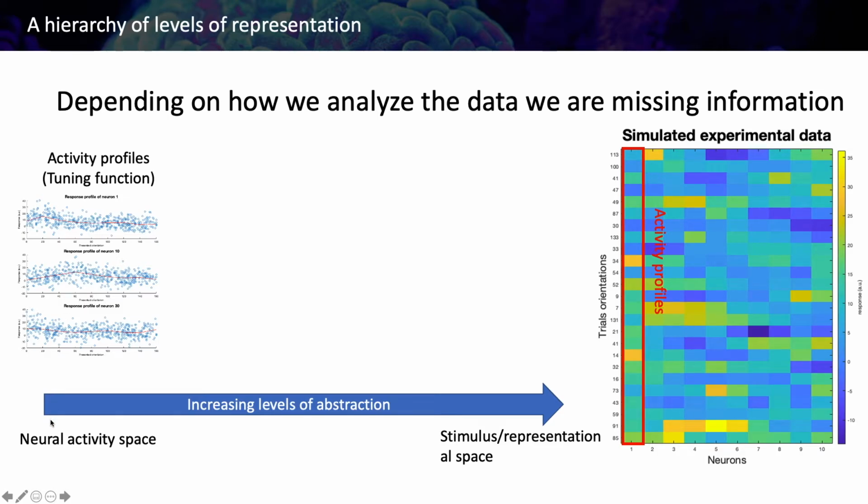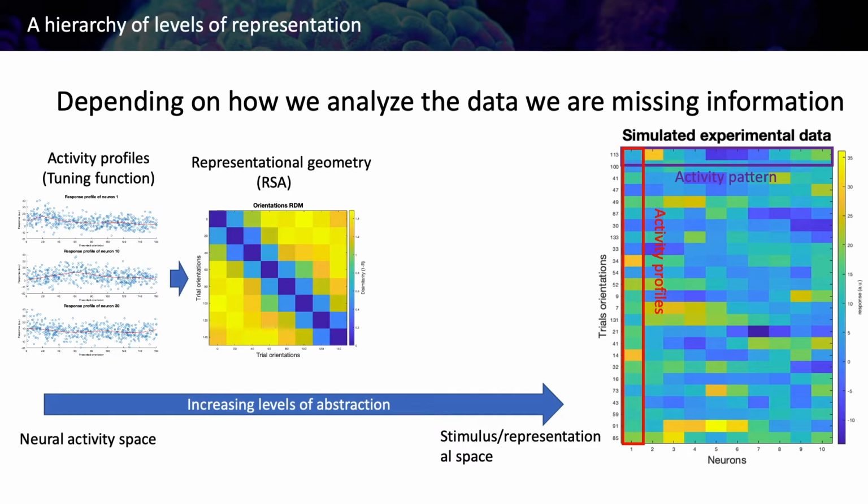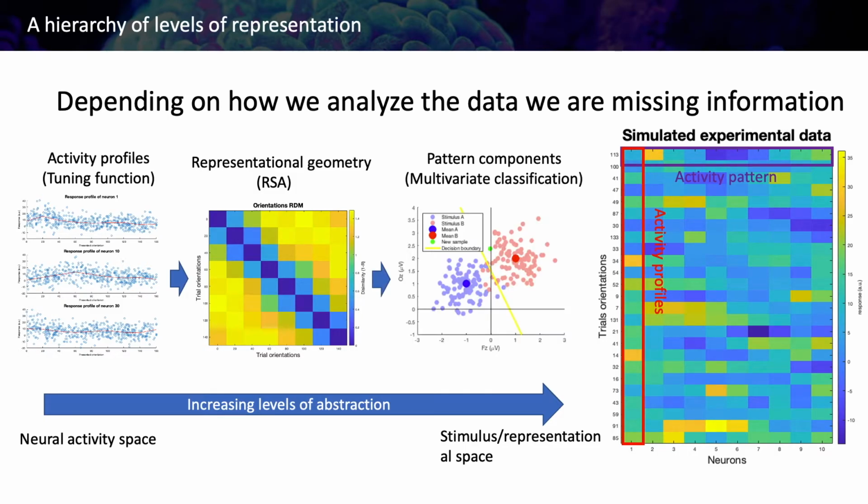We are closer to the description of how neurons are firing in the brain, and a little bit far from the representation space. And the more we scale in the abstract representation, for example, here we can get the geometrical representation space of information as we look at the distance between different representations of external stimuli, till we go to the pattern components analysis, like using a classifier.